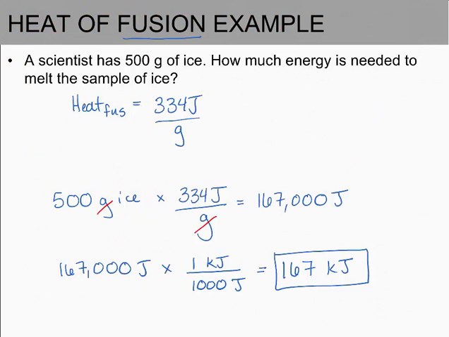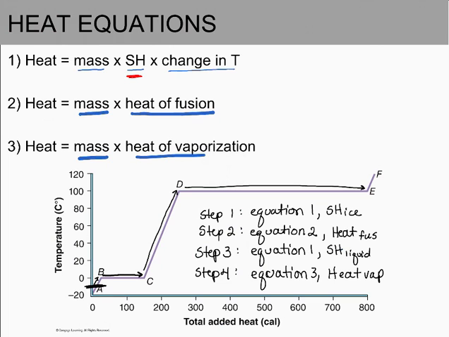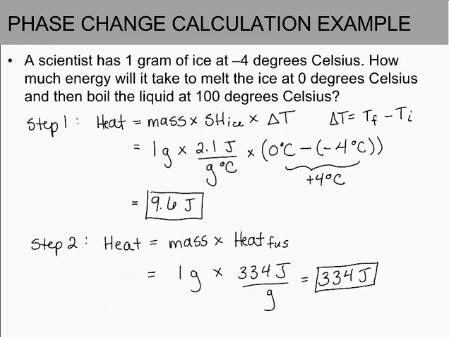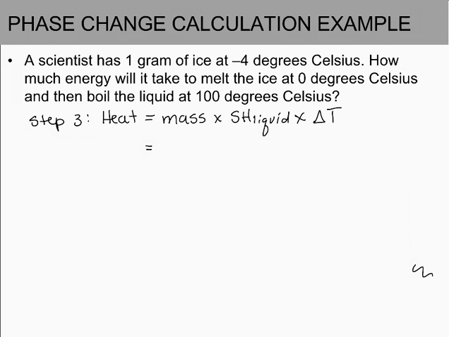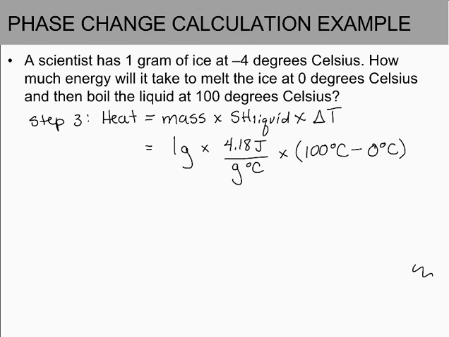Now let's also look up the temperature difference. So I'm going to go to this chart. The boiling point of water is 100 degrees Celsius, and the melting point is 0 degrees. So our temperature difference will be 100. Okay, so let's plug those values in. We have 1 gram of water, the specific heat is 4.18 joules per gram degrees Celsius, and the change in temperature is 100 degrees Celsius, our final temperature, minus 0 degrees Celsius, our initial temperature.